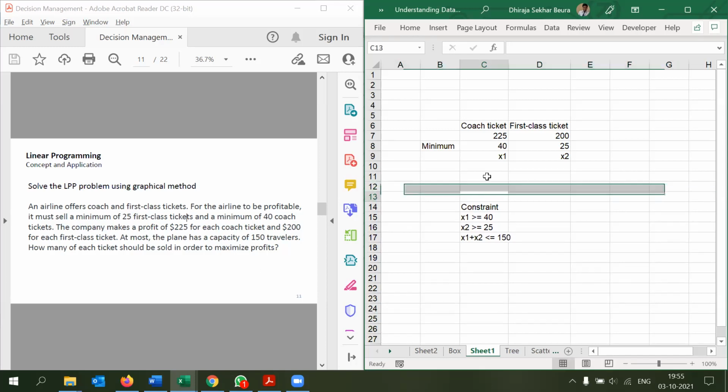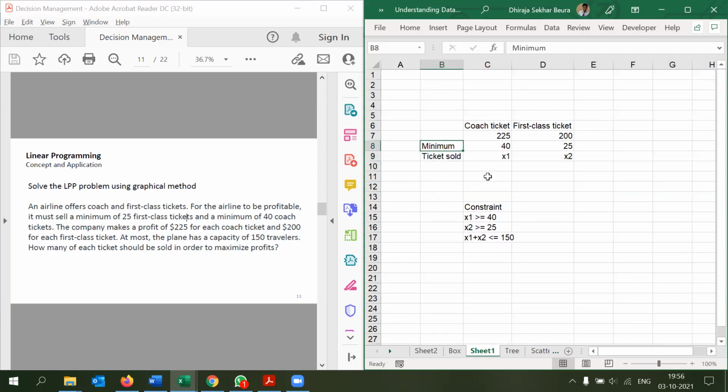Just think about it once more. It is 225 X1 plus 200 X2 equal to whatever. This is tickets sold. The minimum is different; the actual tickets sold are X1 and X2. Now tell me, Sami, what should it be? What is the total profit?